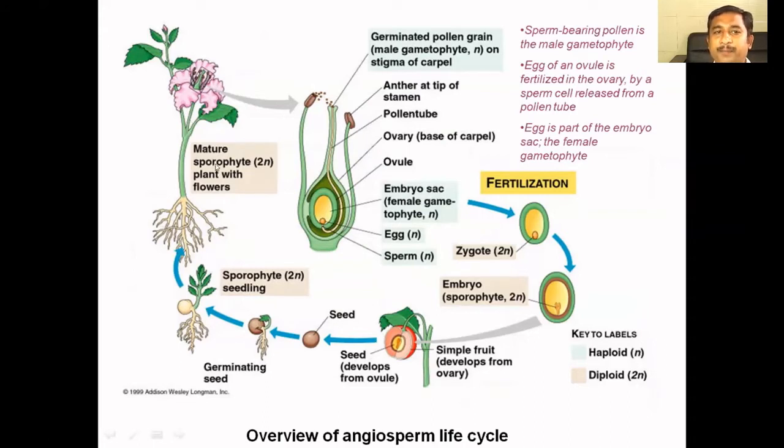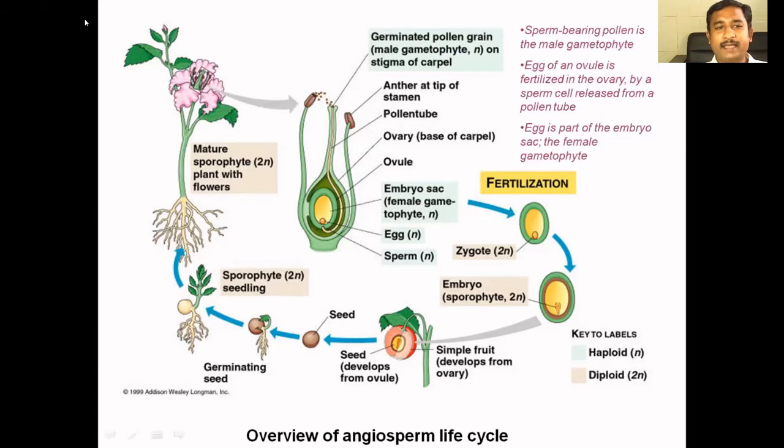If anybody asks you about a plant which is not yet flowered, it's not having any flower, that mature plant is what we call a sporophyte. That sporophyte has a 2n number of chromosomes. And then inside the flower, when pollen grains come, that pollen grain is the gametophyte, which is n in number.